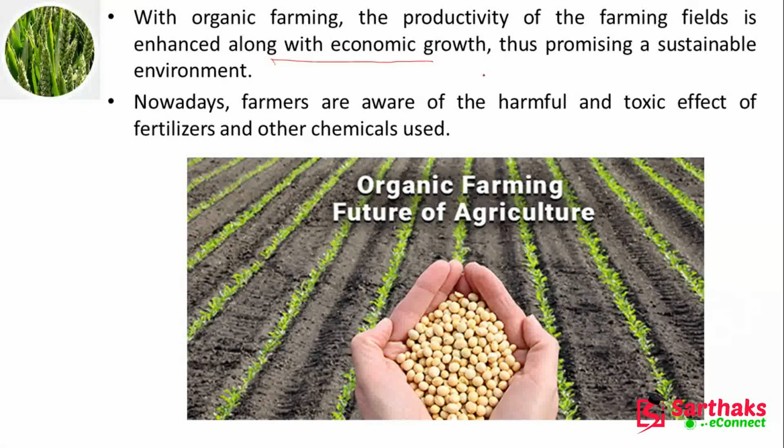That thing we are avoiding by using organic farming. Nowadays, farmers are aware of the harmful and toxic effects of the fertilizers and chemicals they are using. Sometimes for better maturity they use so many chemicals, and those chemicals will affect our digestive system also.